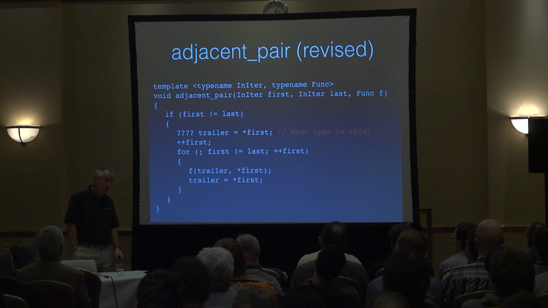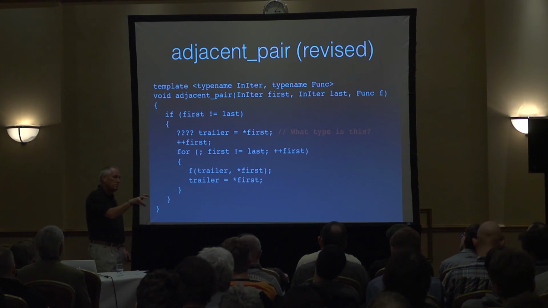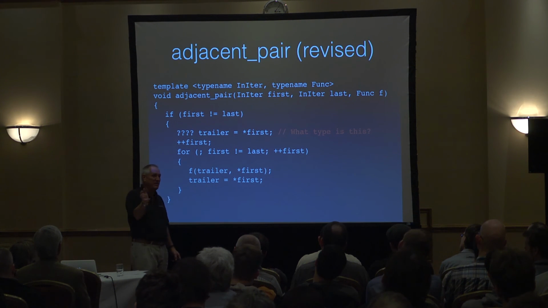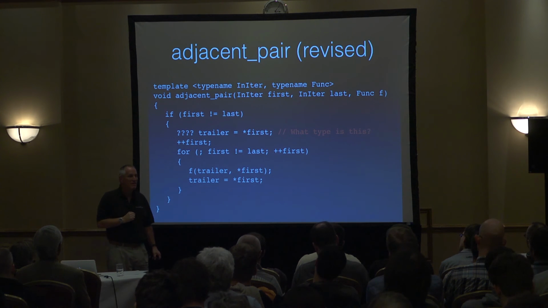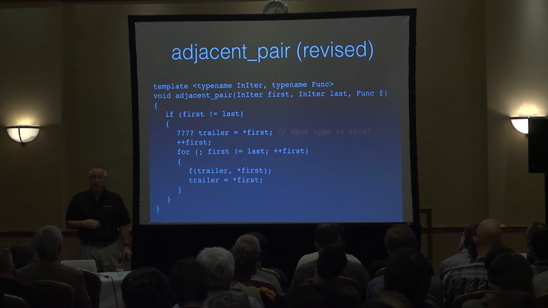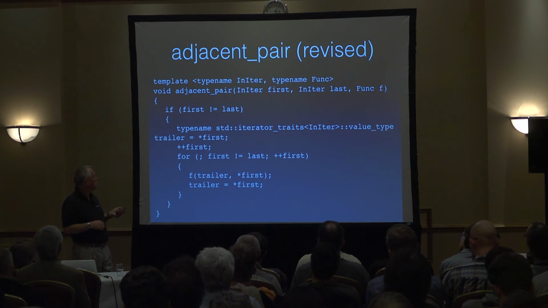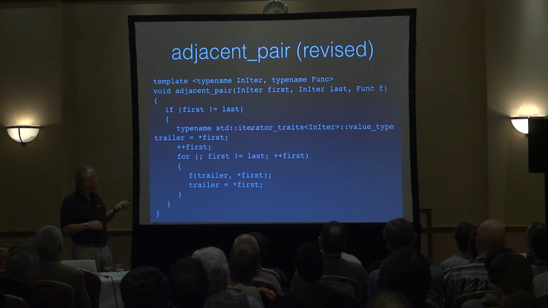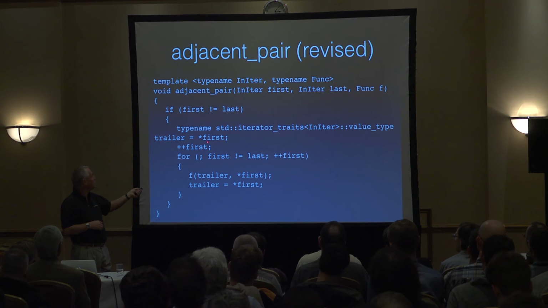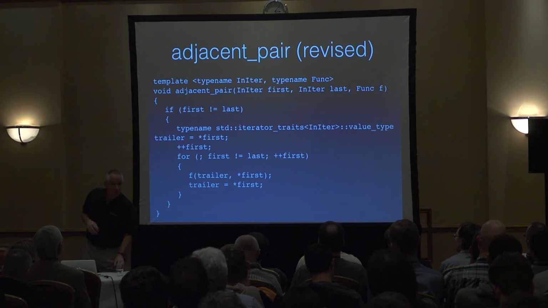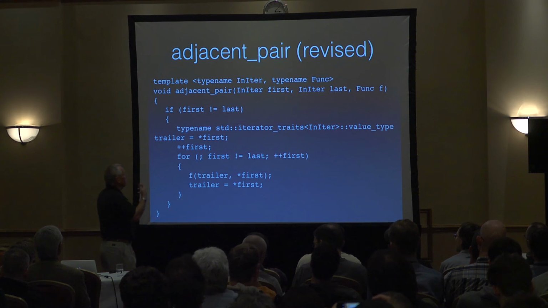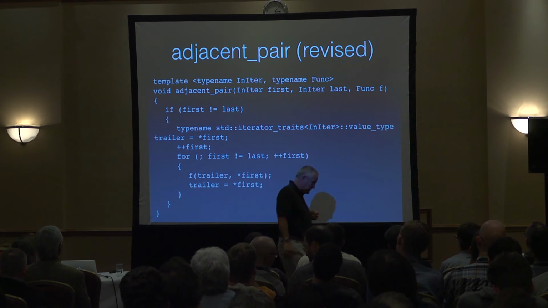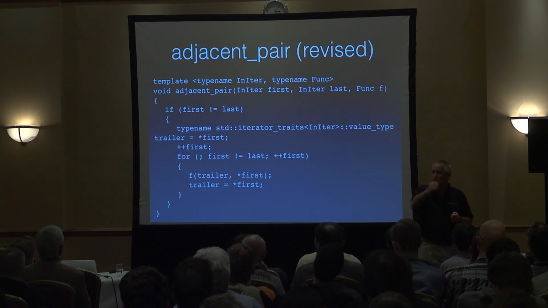It's a template, like everything else, and you specialize iterator_traits and you get a struct. The struct has no members in it. It has no data associated with it, but it has a bunch of typedefs in it that tell you things about the iterators. This is really helpful because now you can write this horrible long iterator_traits of the iterator's value_type, and that's what you get when you dereference something of type iterator. Now you have a variable of the right type to save off the element of the sequence as you march through.